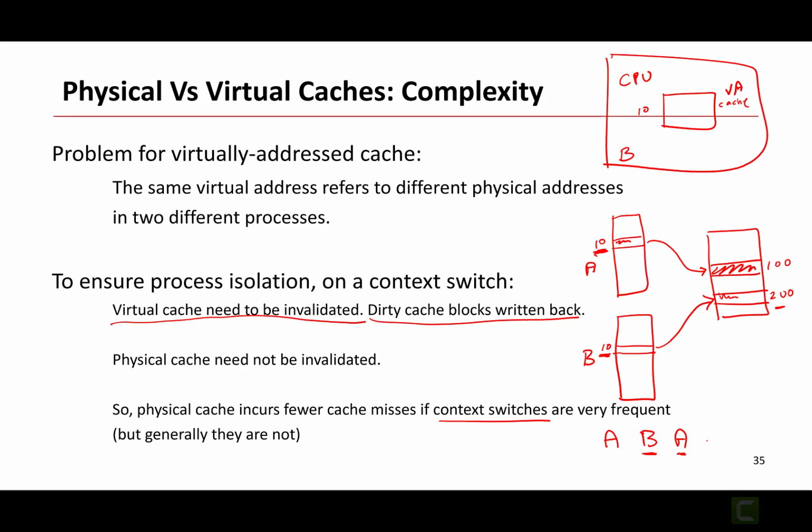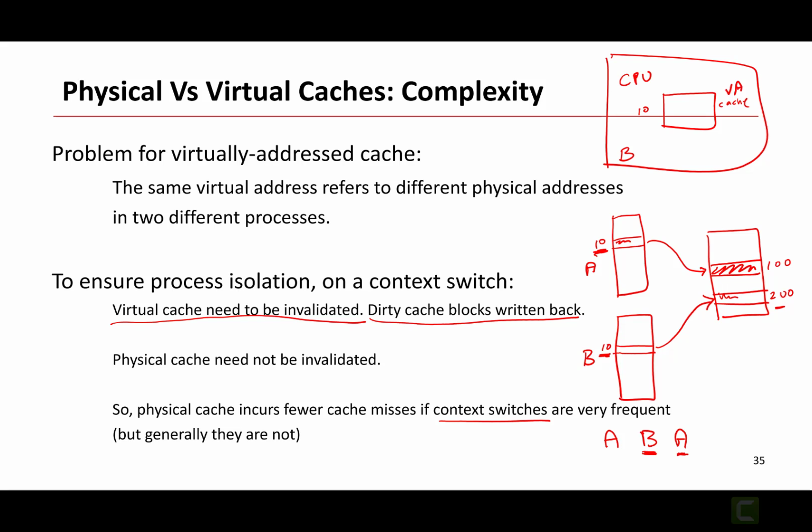But in the case of a virtually addressed cache, when I context switch to B, everything gets knocked out, and when A comes in again, there's nothing in the cache for it, so everything has to be populated again. So that's the trade-off.